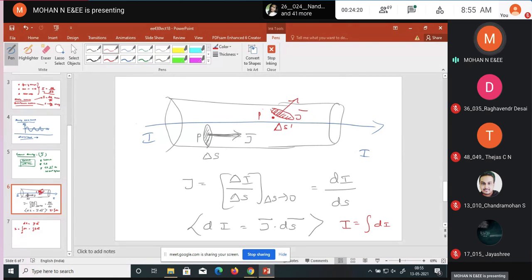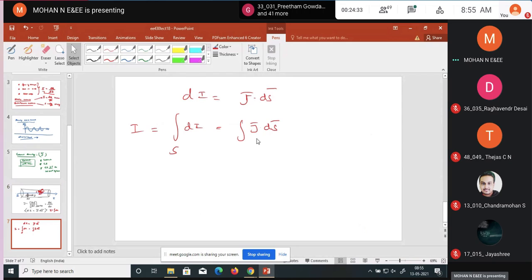You can generalize using this for any surface, where dS is not required to be normal to the direction of the current flow. This is the current density and the relationship between current and current density.